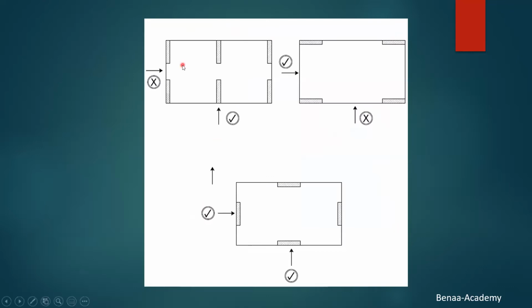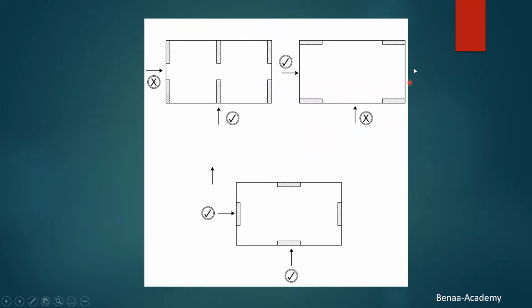So this is how to know: correct or wrong. This one is in the y direction, very stiff. This one is in the x direction, this one in the x direction, this one in the y direction, this one in the x direction.